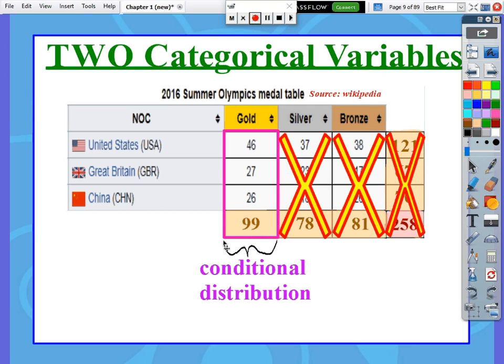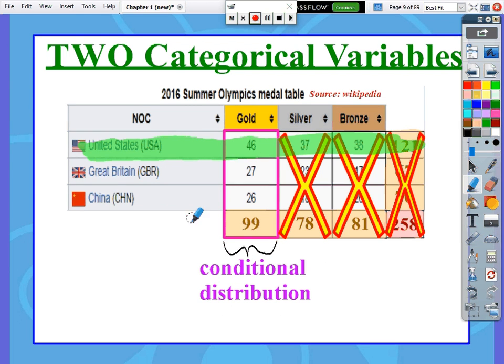So if you wanted to talk about one specific piece of a two-way table here, of a two categorical variable set, then we would call that the conditional distribution, just one piece. And we could do conditional distributions of a country. We could say, given that we only want to focus on the United States, then we're only going to look at all of these numbers here because all of these numbers belong to the United States.